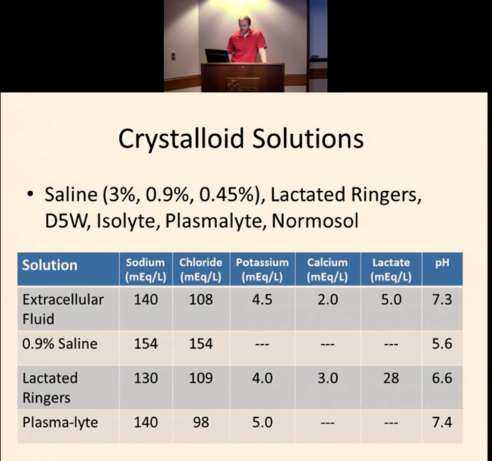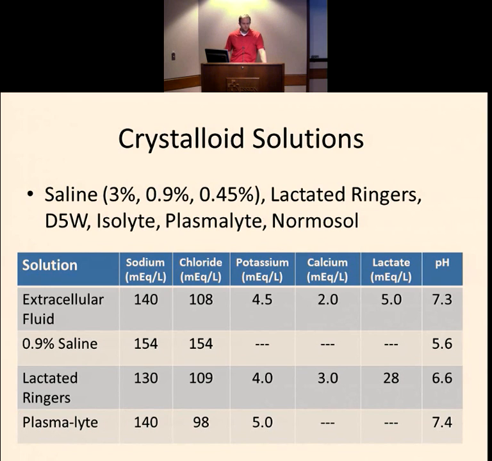Now that's just the way it's practiced, but in actuality, if you're only giving 4 milliequivalents per liter of potassium, and the patient's potassium is 4.5, is giving them 4 milliequivalents per liter of potassium in your solution really going to increase their potassium if their potassium is already higher? No, right?